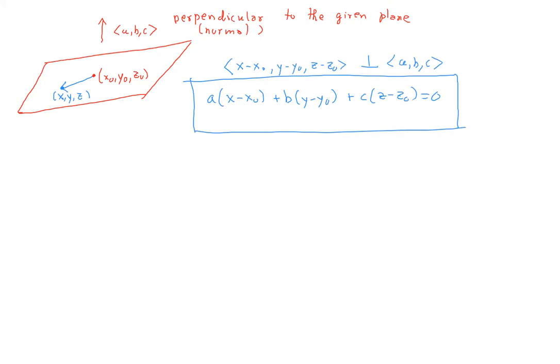And let me just mention here that it works in a different way than the equation of the line. In the case of the equation of a line, we were plugging in values of t and we were finding points on the line. Actually, we were first finding vectors, then points on the line. Here, that's not how it works.